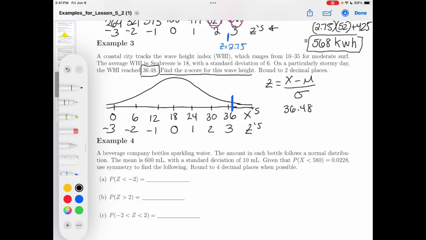I'm going to subtract the mean, which is 18, and then divide by the standard deviation, which is 6. When we do this, we get that z is equal to 3.08. And that makes sense with the graph because it's a little bit past 3 on my z's when it's a little bit past 36 on my x's.